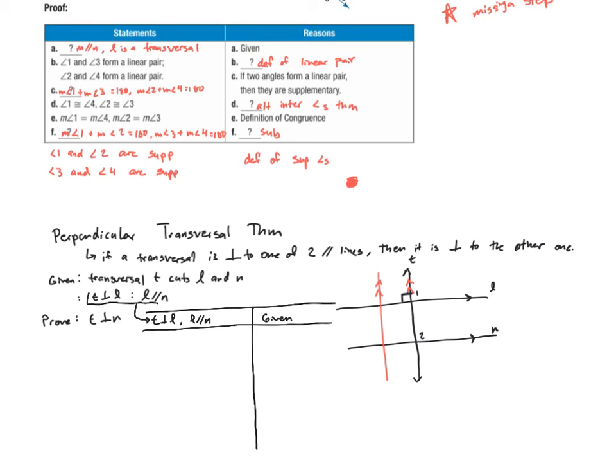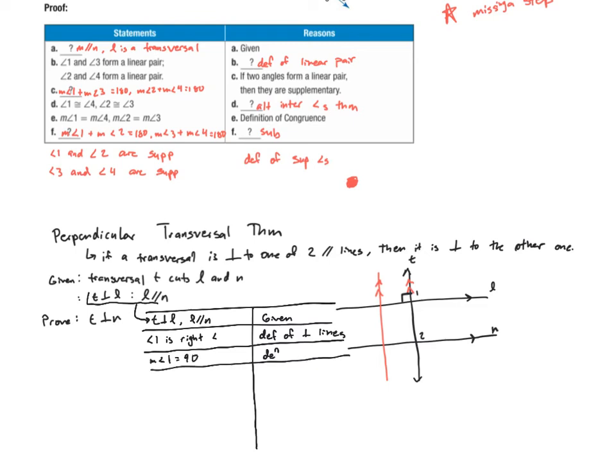Okay. Now, let's start with what we know. We know that T and L are perpendicular, so therefore I know angle 1 is a right angle due to the definition of perpendicular lines. And then because 1 is a right angle, I therefore know that the measure of angle 1 is equal to 90.